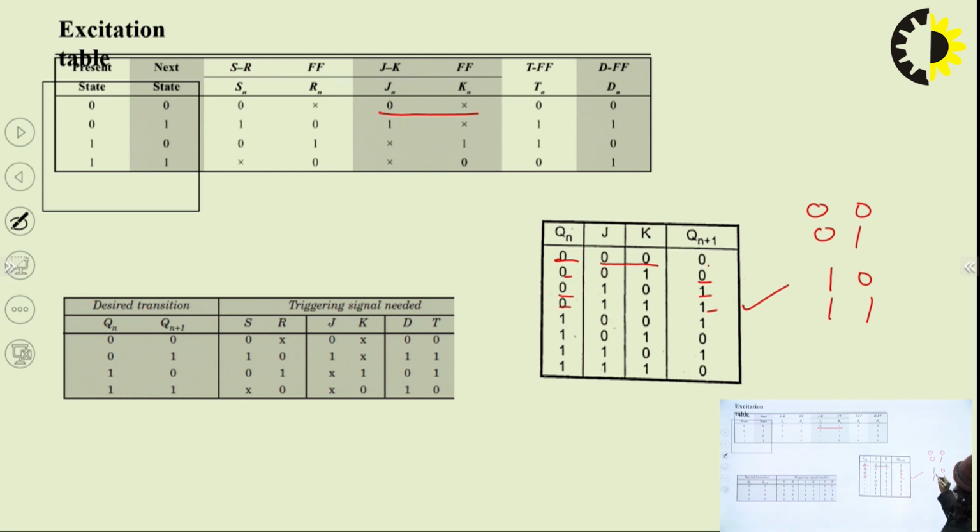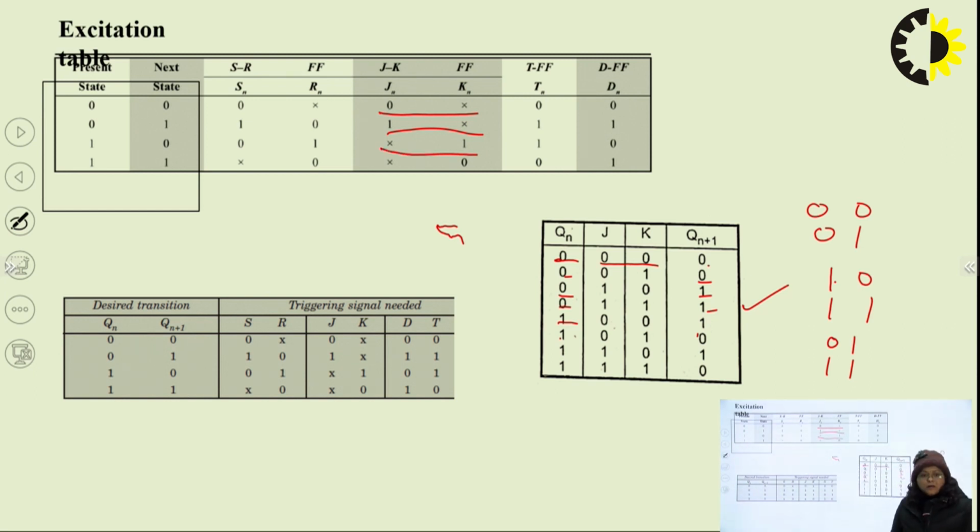So we write 1 cross. Similarly, for 1 to 0, the possible combinations are 0, 1 and 1, 1, that is cross 1.